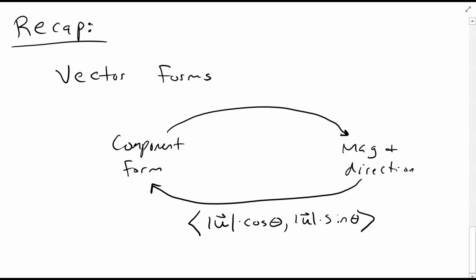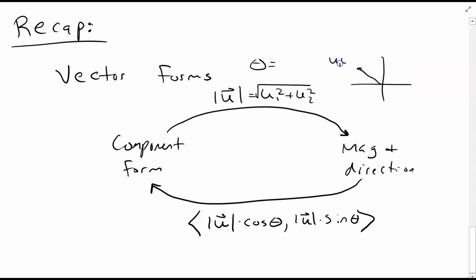To go from component form back to a magnitude and direction, we can calculate the magnitude by taking the square root of the sum of the 2 components squared. And then the direction, if we graph the component, we're looking for this angle.